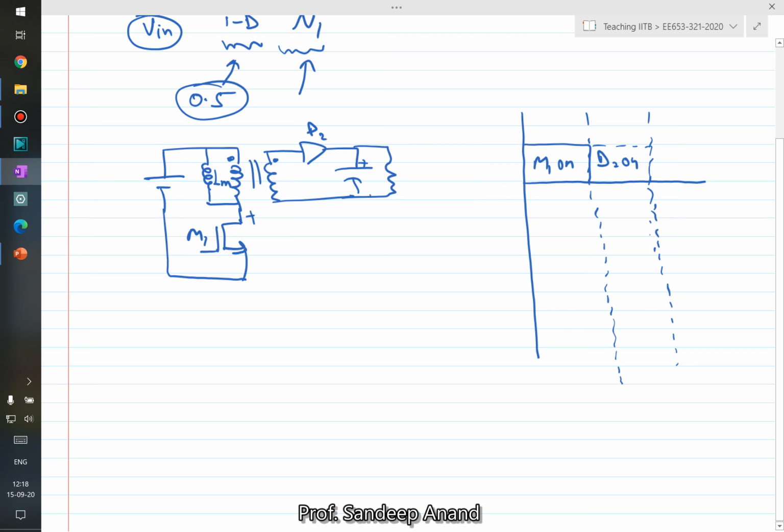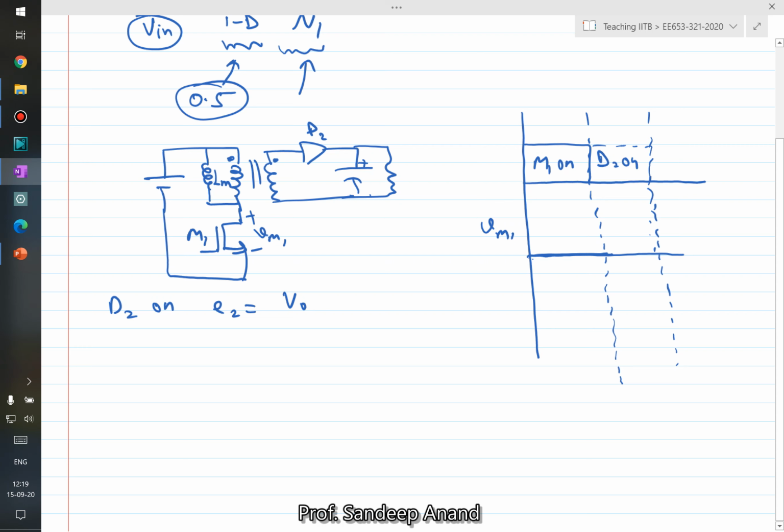So what is the voltage appearing across M1 when M1 is on? It is 0. And when M1 is off and D2 is on, what is the voltage appearing across M1? Then we understand that E2 would be equal to minus VO.